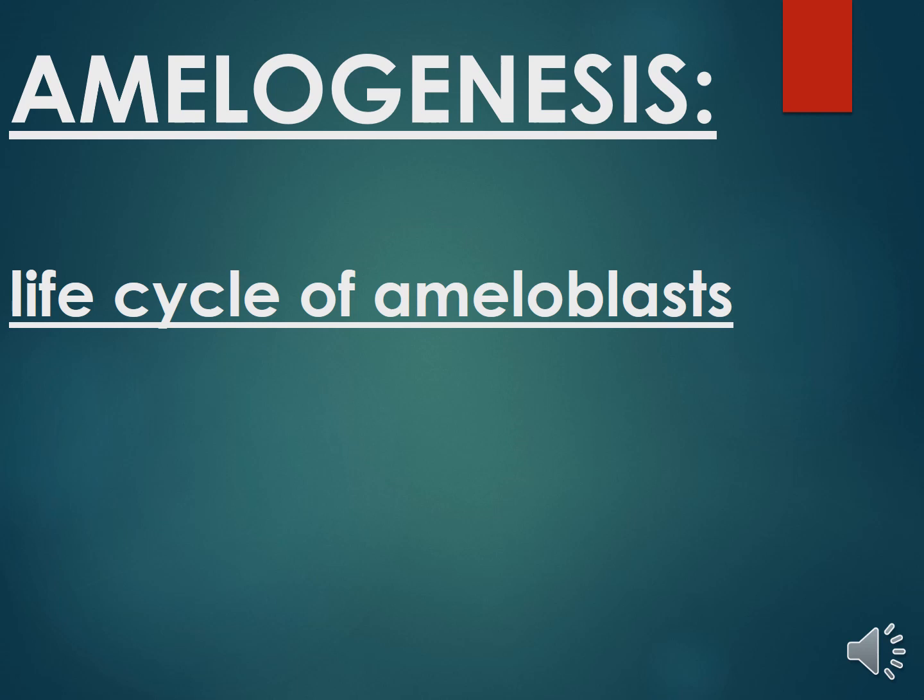So this enamel is formed by the cells known as ameloblast. So the cycle involved, the various stages involved are explained by the life cycle of ameloblasts. And this enamel formation begins in the late bell stage of the tooth development.